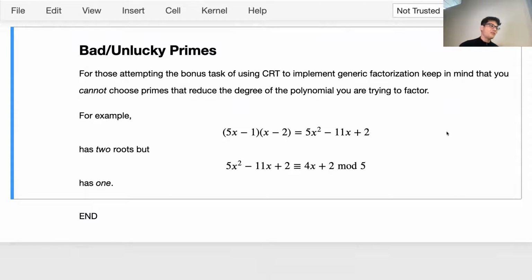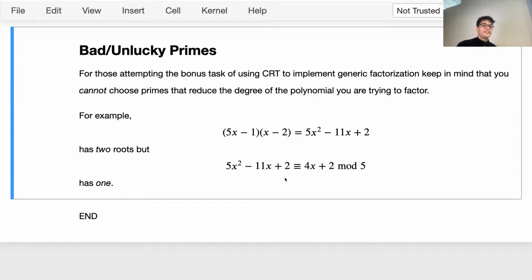There's a theorem that says if I factor a polynomial mod f, it should have at least as many roots as when I factor that same polynomial mod p. Here's an example. This one clearly has 2 roots, a fifth and 2. It's 5x squared minus 11x plus 2.